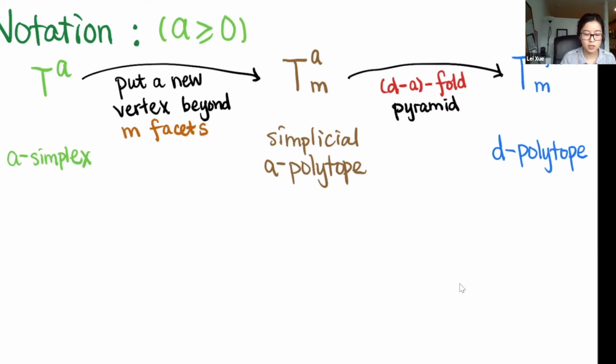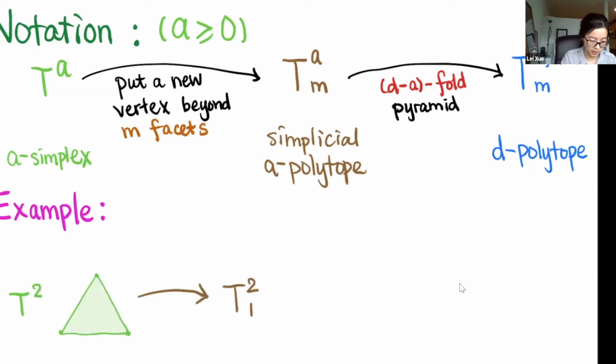And then you just apply a multifold pyramid over this polytope until you reach dimension D. In this way, you always get a polytope of dimension D with exactly D plus 2 vertices. It has one more vertex than the D simplex.